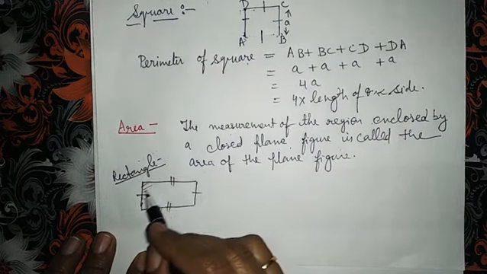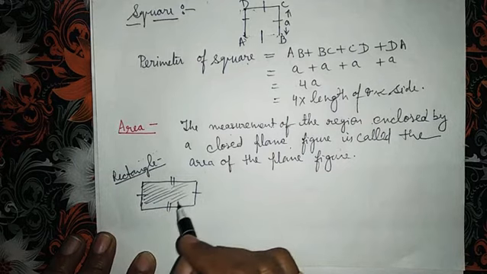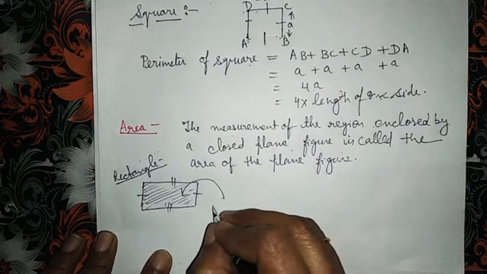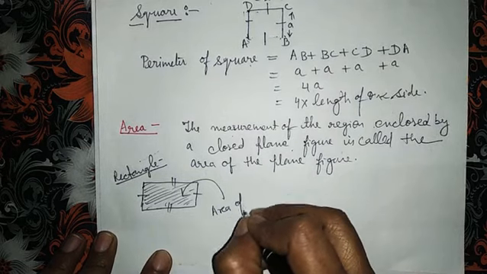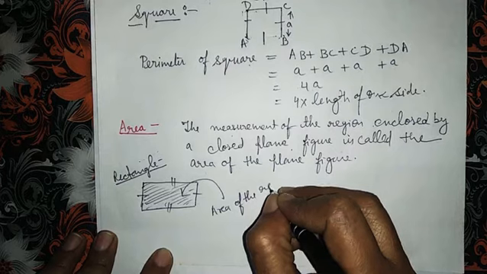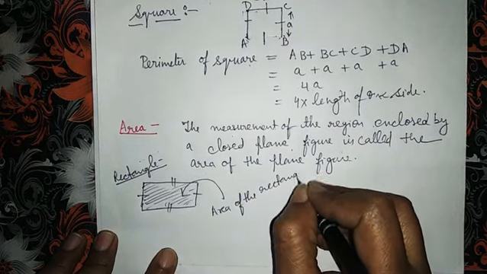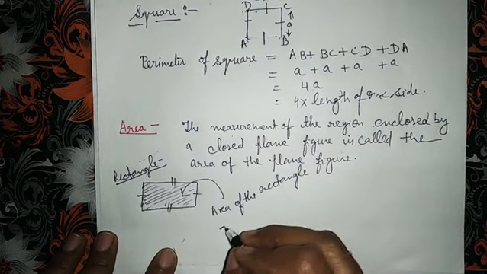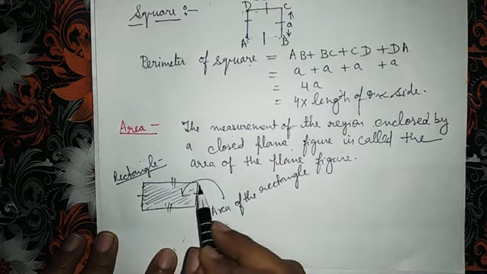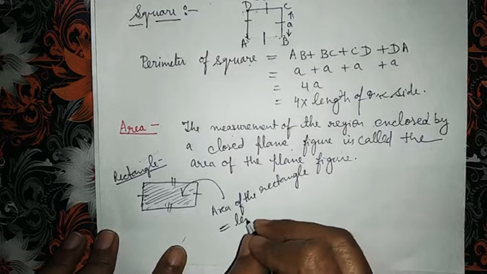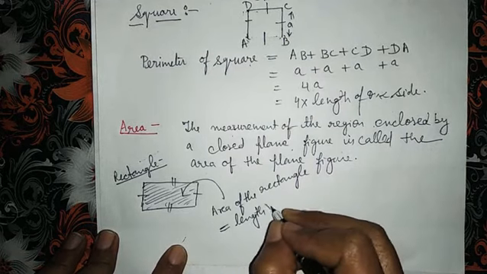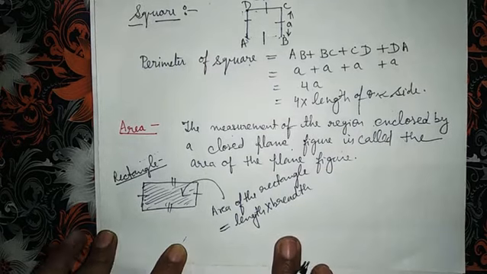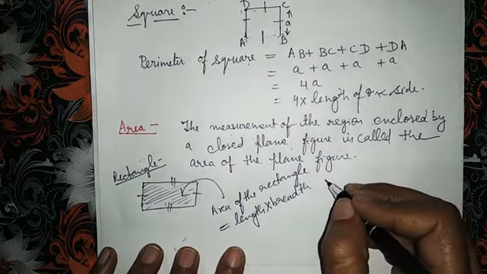And this enclosed region is area of the rectangle. And formula to calculate area of rectangle is length into breadth. Now children, I will tell you about a square.